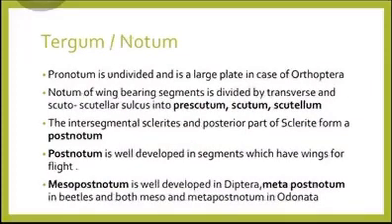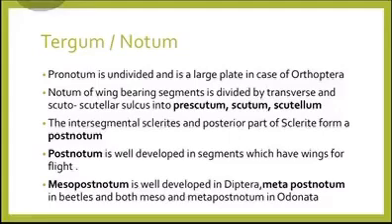Now coming to the tergum. In case of pronotum of Orthoptera, we see that it is in form of a large plate. In other insects, we see that the notum is of normal size. There is no division, it is undivided.